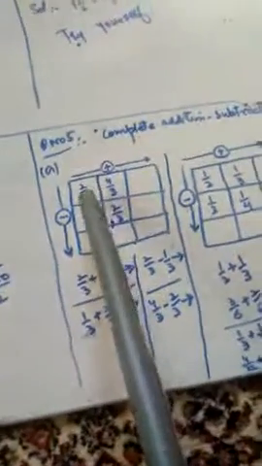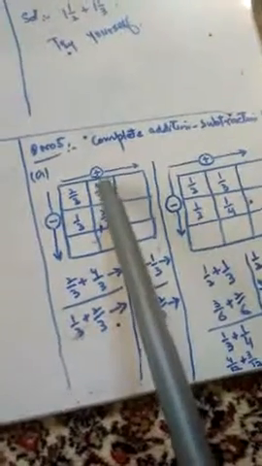Now there is question number 5, dear guys. There are two parts of this, part A and part B. Here in part A, we have 2 by 3 and 4 by 3. This arrow indication shows that when you go along this way, you have to add them.